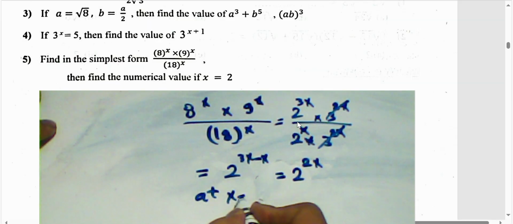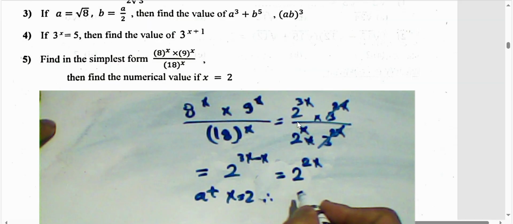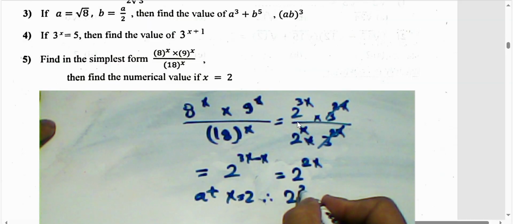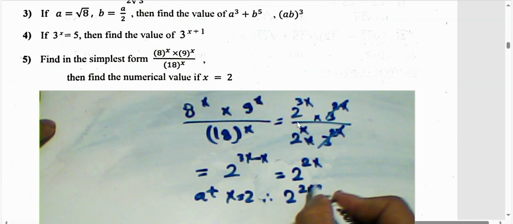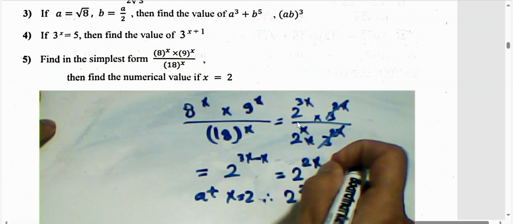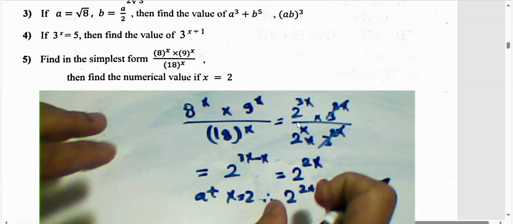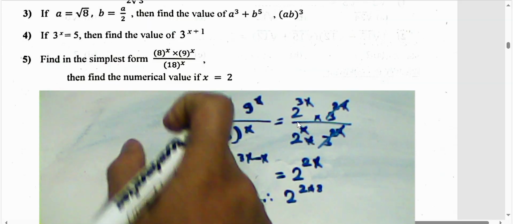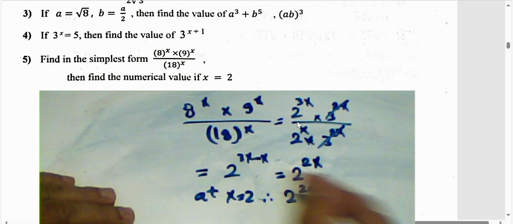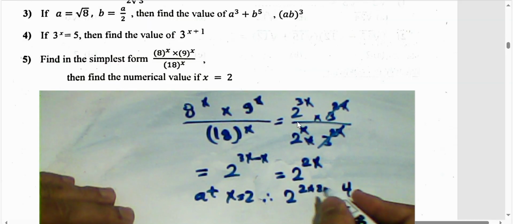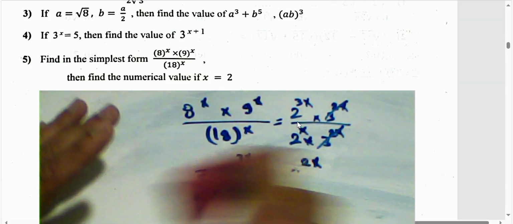At x equal 2, what will be the value of the expression? It will be 2 power 2 times 2. Put x here equal 2. Okay, we must cancel x and write 2. Put x equal 2, because x equal 2 satisfies this expression. Then the answer will be 2 power 4. 2 times 2 is 4. 2 power 4 equals 16. Then the answer here equals 16.